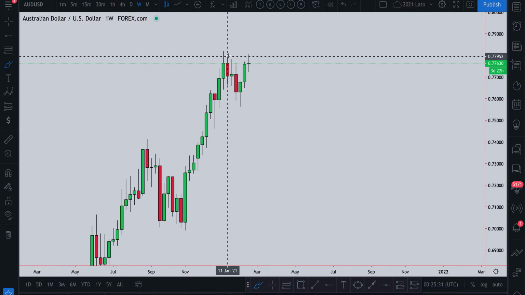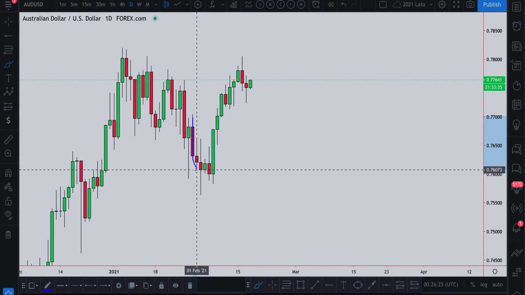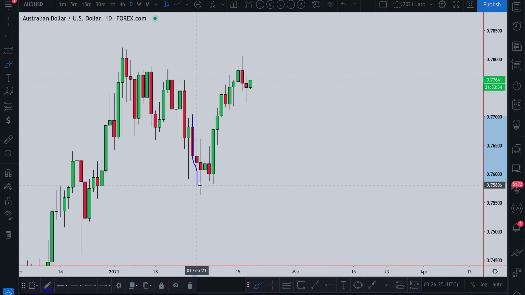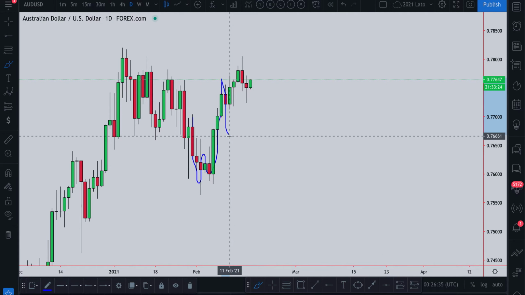Okay, so it looks like it is going to happen soon. Right, let's go and have a look at the daily chart to see if we can see something different. Okay, daily, what I can see is the market structure has created a W pattern which is overextended, and then the market tried to go back down and test the neck level, but it did not happen, hence why the market went back up again.